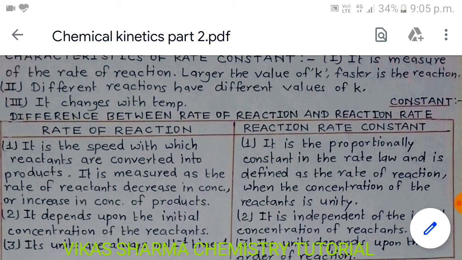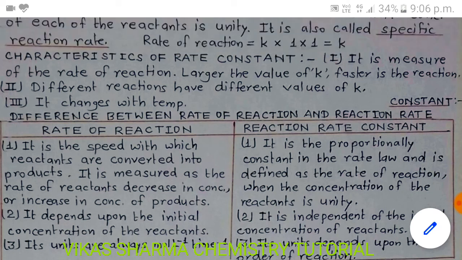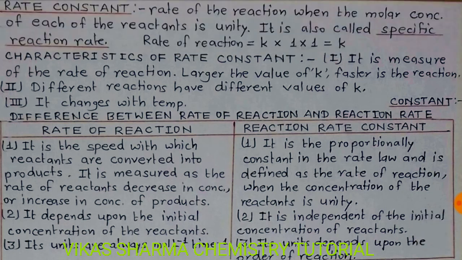But the reaction rate constant is the proportionality constant in the rate law and is defined as the rate of reaction when the concentration of the reactant is unity. It means if the reactant concentration is fixed at unity, for example mole per liter, when concentrations are given. So for equalization we are using the rate constant.